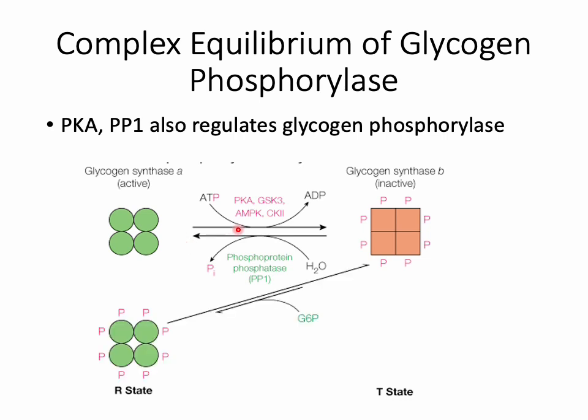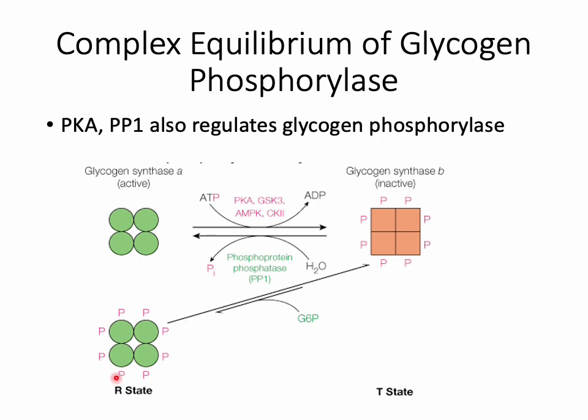However, in the phosphorylated form, our glycogen synthase can still adopt the more active R state. Normally, the equilibrium favors the inactive form, as shown by these equilibrium arrows. However, significantly high concentrations of glucose 6-phosphate can overrule the effect of our phosphates and push our glycogen synthase into an active R state despite it being fully phosphorylated.